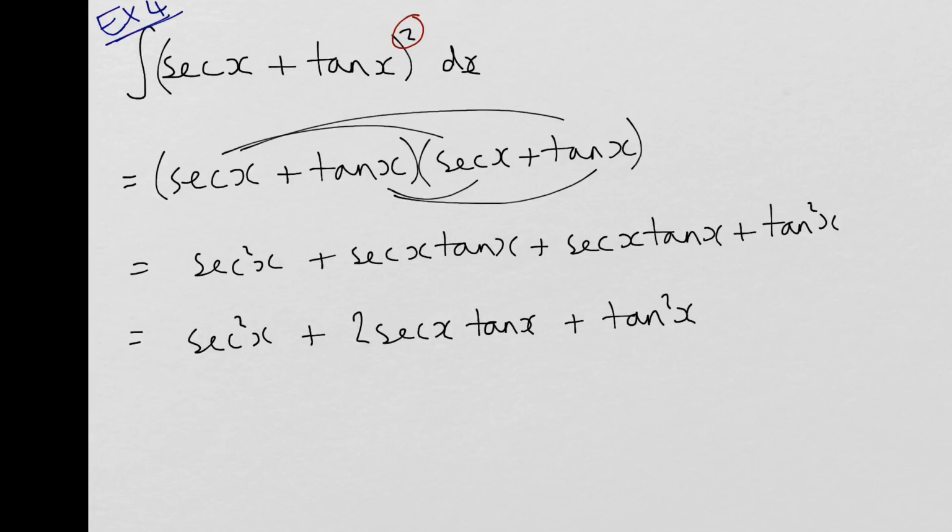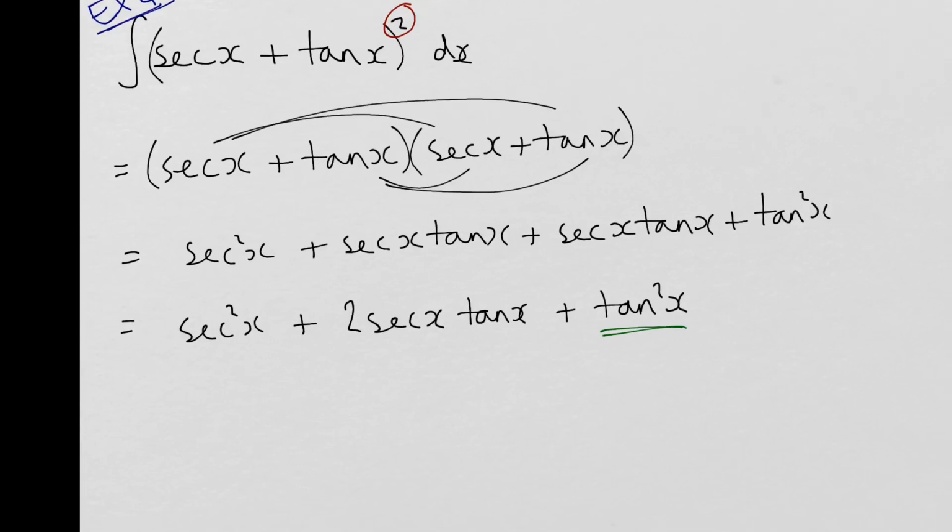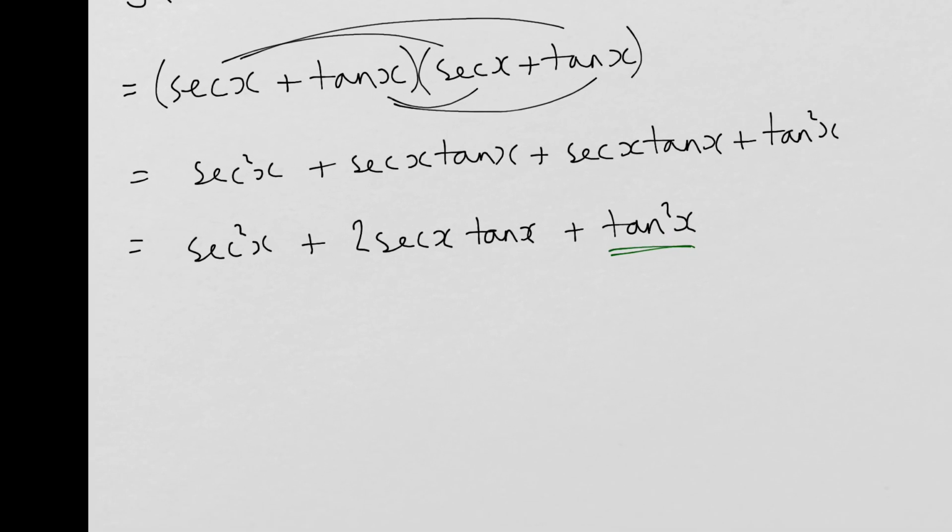We know from our first example that we can't integrate that tan squared of x, but what we do know from our first example is that I can change that tan squared of x for the sec squared of x minus 1. So that's an identity that I can use now because I have it as a tan squared of x. So I'm going to substitute that now.